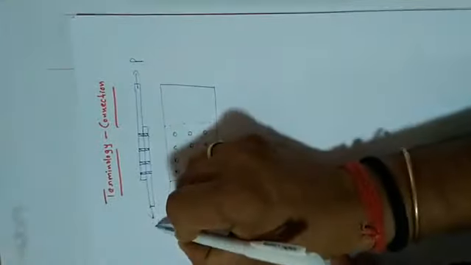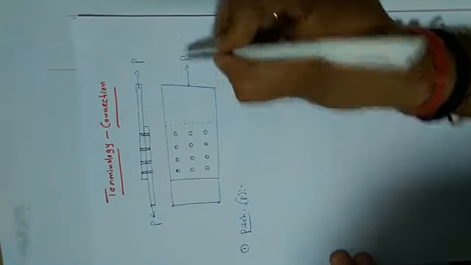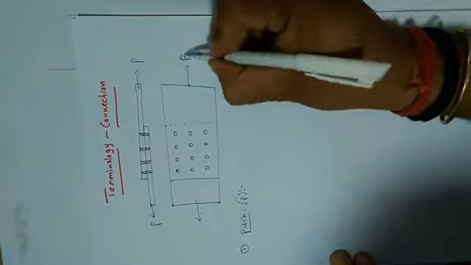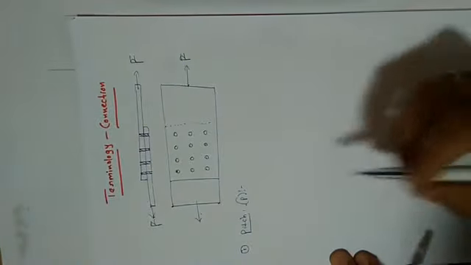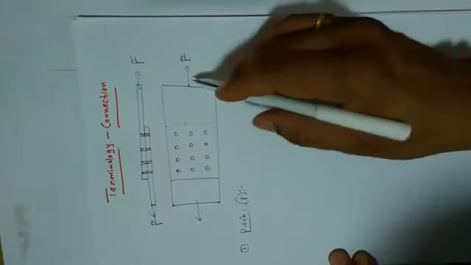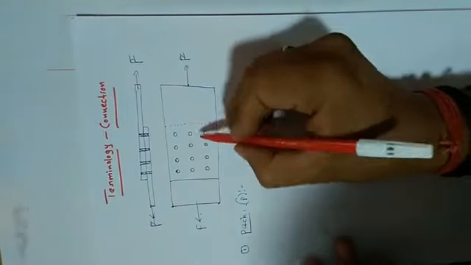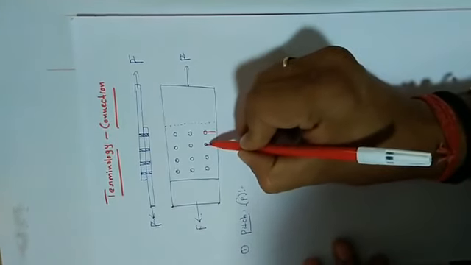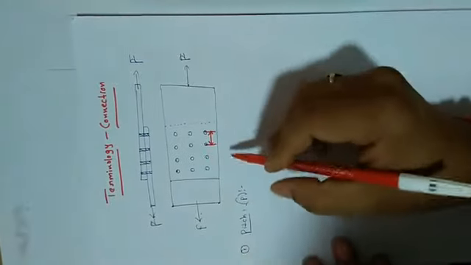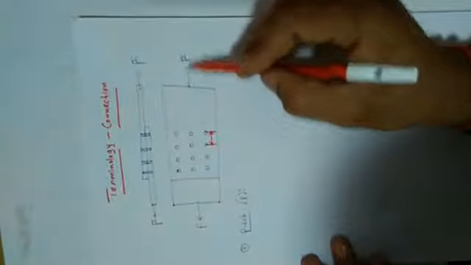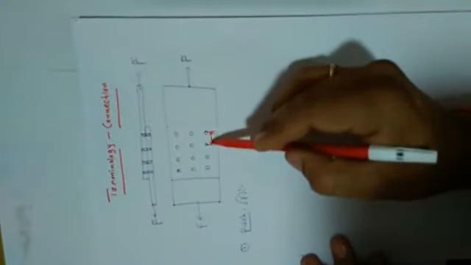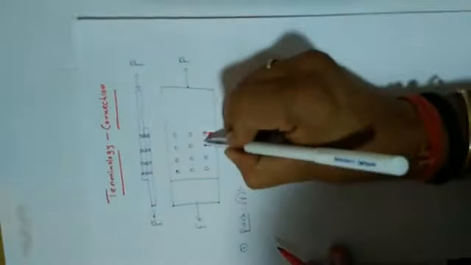This is the force direction where the plates are subjected to force. Make it F instead of P. Pitch is nothing but the distance between the centers of two bolt holes parallel to the force direction. Force is in this direction and the distance is also in this direction. So this is called pitch.